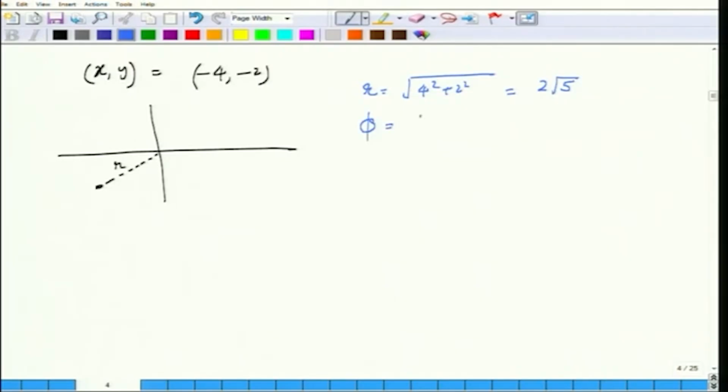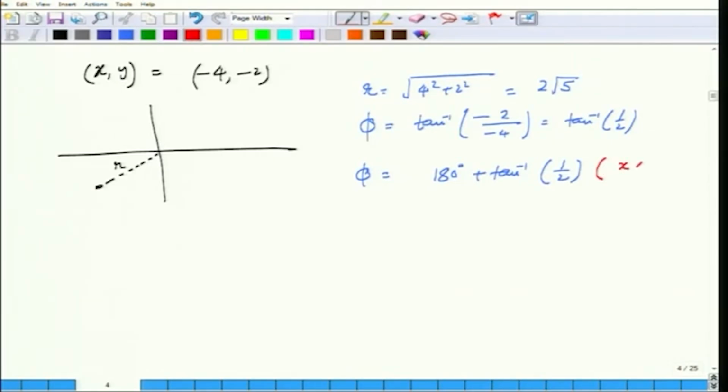Phi is equal to tan inverse of minus 2 over minus 4, which is tan inverse of half, but that's going to give you an angle which is less than 90 degrees. In this case, phi is actually going to be 180 degrees plus tan inverse of 1 over 2, because, let me write in the bracket, x is less than 0 and so is y. How about the unit vectors?